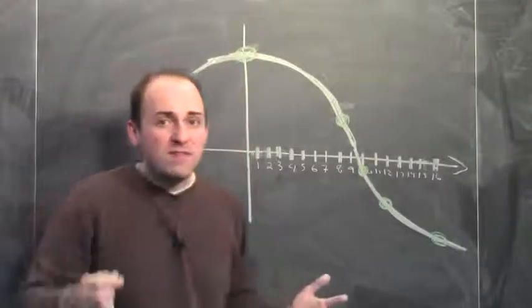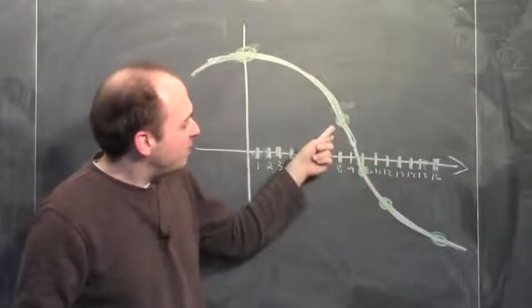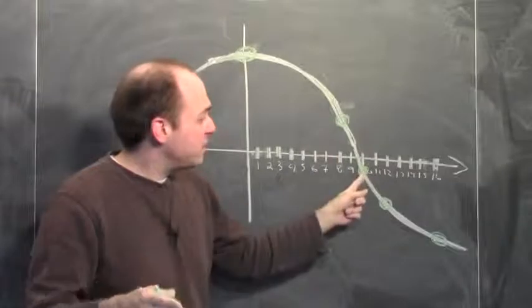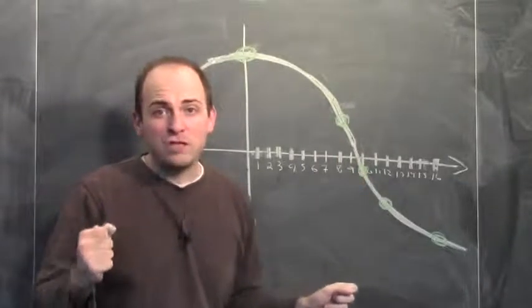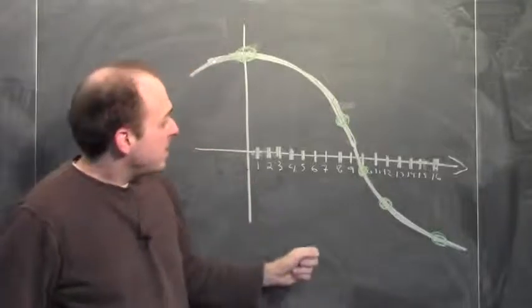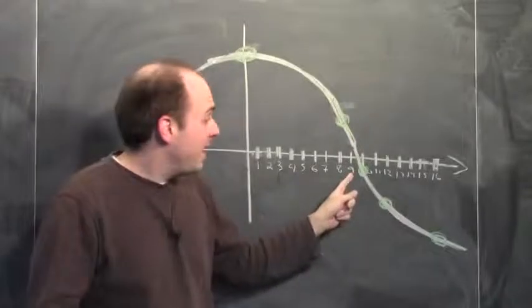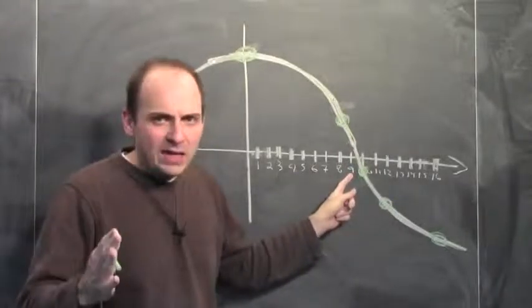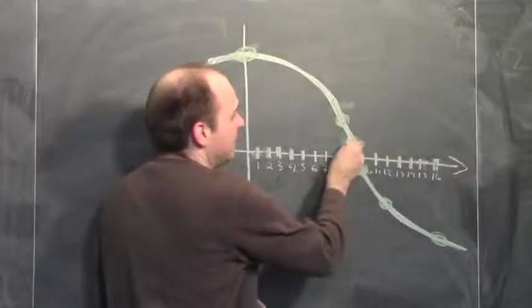And now I know that the 0 must land between 8 and 10 because the function's value at 8 is positive and the function's value at 10 is negative, so there must be a 0 in between, a point where the function's value is equal to 0. Now I could cut that interval between 8 and 10 in half again. I could look at 9, and I could ask the function, at 9, are you positive or negative? And if I plug in 9, it looks like the function's positive.